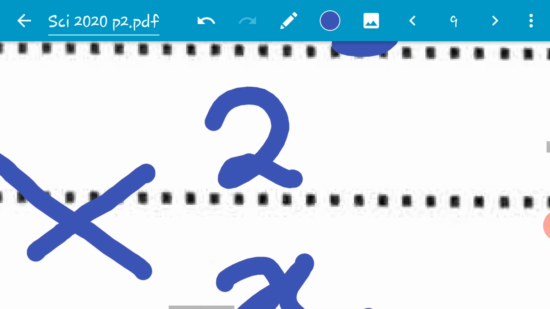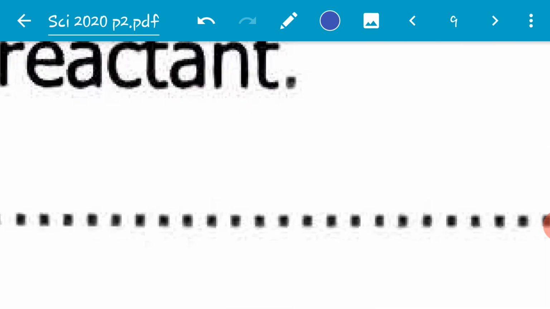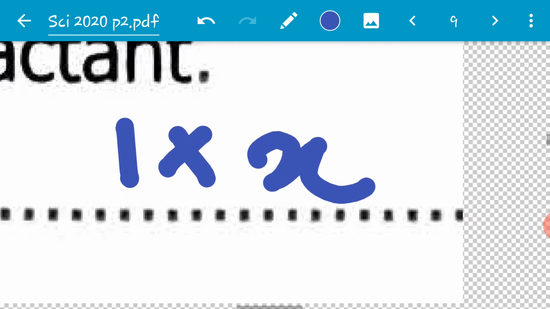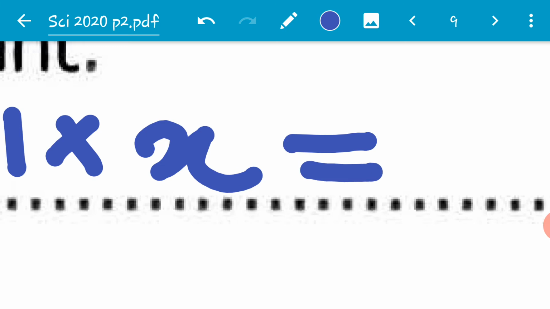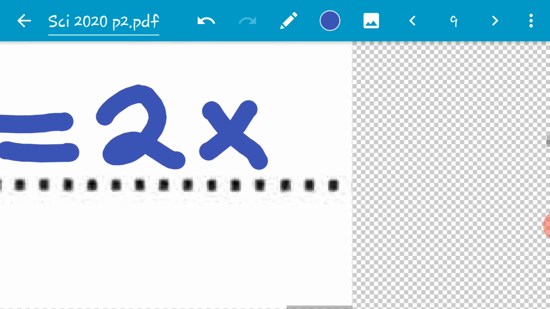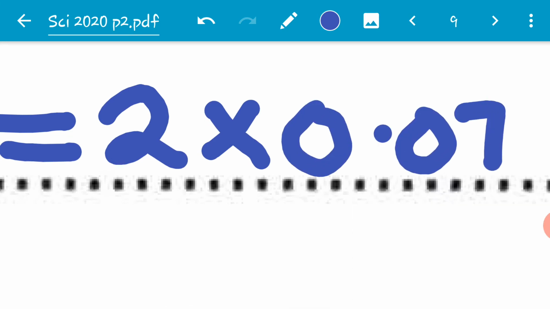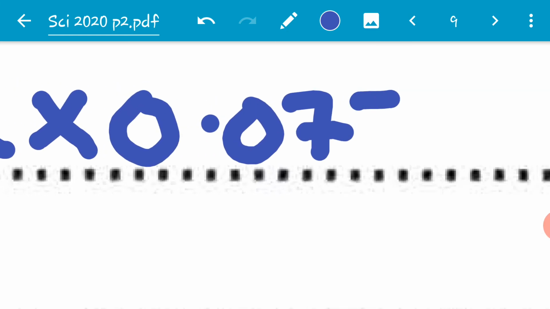If we cross multiply, we are going to have 1 times x is equal to 2 times 0.075.